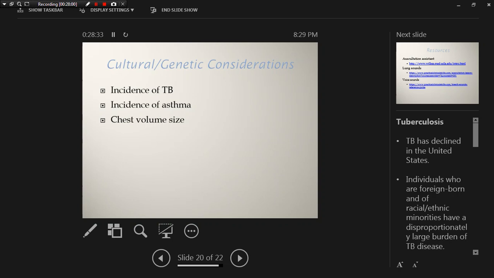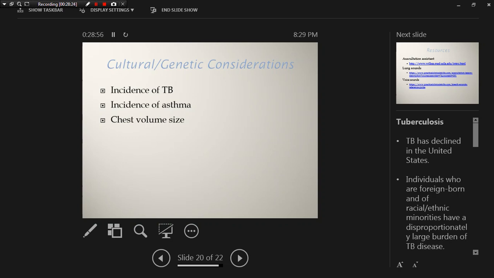And then some cultural and genetic considerations. The incidence of tuberculosis, we know there's been a decline over the years. Obviously, good prevention techniques, good treatments. But we know that with a lot of migration, we do see patients that maybe their immune system is not up to par.